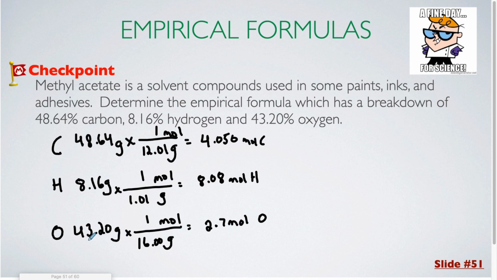And for this one, actually, if I was keeping with the significant figures, this one has 4 significant figures, so I'm going to add on a couple of zeros here. So 2.700. All right, so out of these 3 values, the 2.7 value is the smallest. So I'm going to divide each of these by that. It means I'm going to have 1 mole of the oxygen. For the hydrogen, it's going to come out to 3.